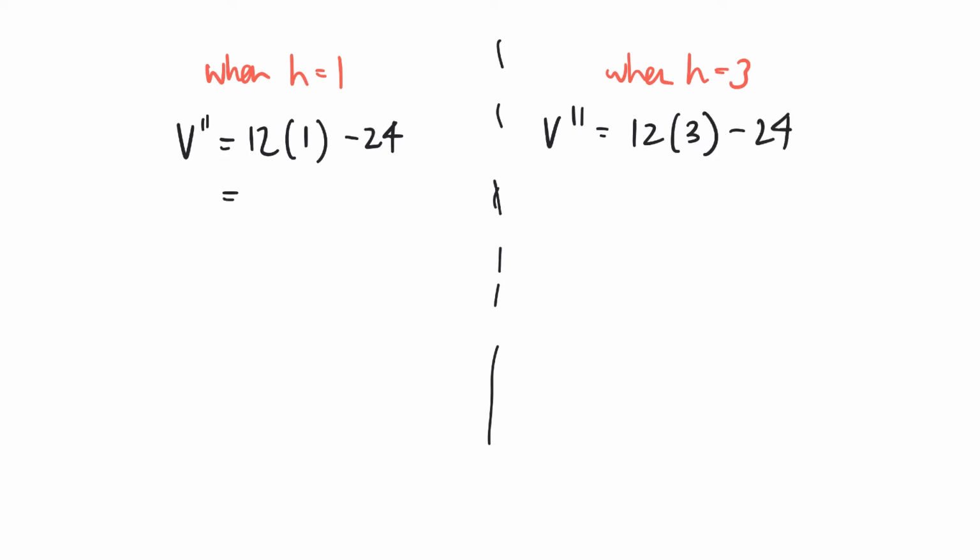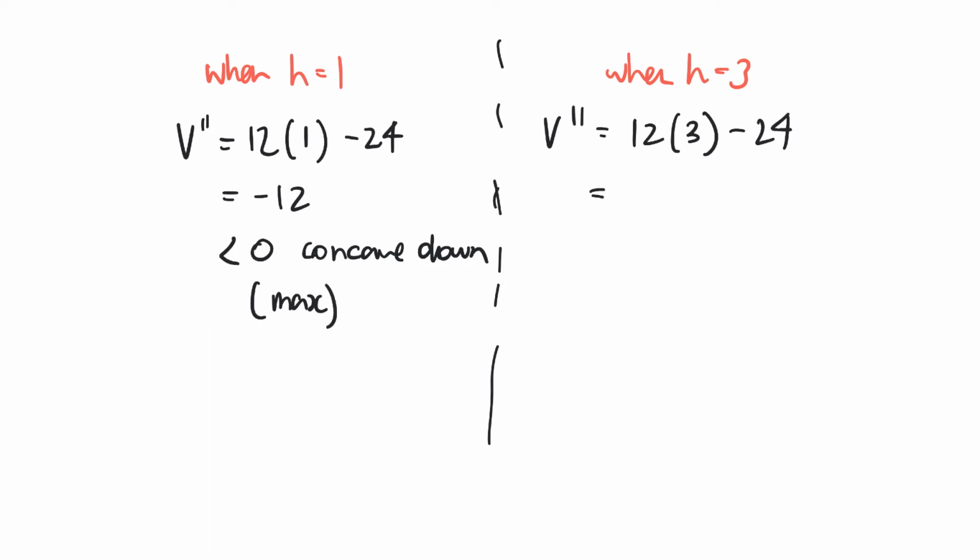When h is 1, we're getting a negative answer. The magnitude of the answer is not important. The fact that that second derivative is less than 0 means we've got ourselves a concave down. That means maximum.